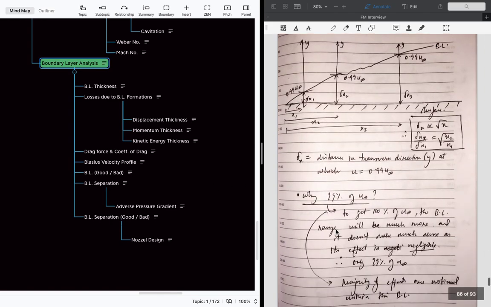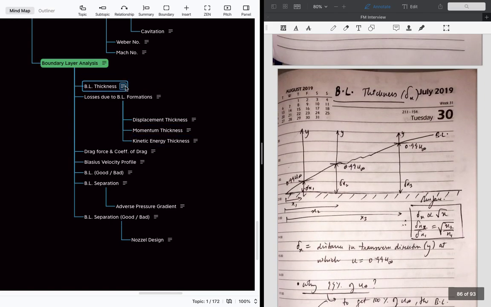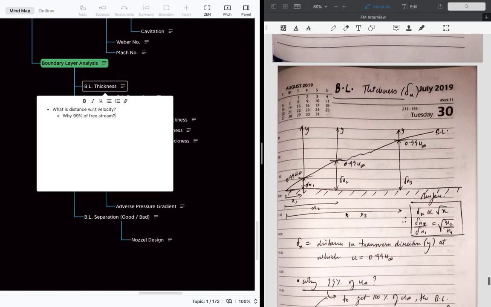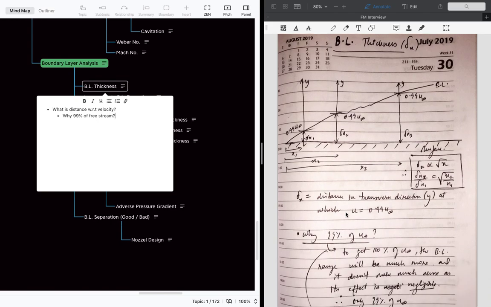So let's talk about the boundary layer thickness. What is the distance with respect to the velocity? Why is 99% of the free stream considered? Okay, let's see. Boundary thickness, as we discussed earlier, is this distance for the particular section.